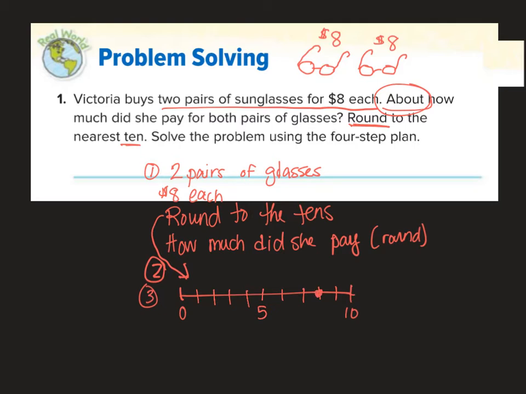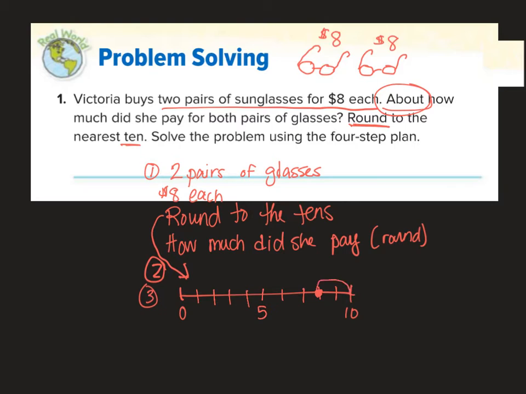I'm rounding to the nearest 10, so I would be counting by 10. So 8's either going to round down to 0, 0 tens, or 10, 1 ten. Right? So we can notice by looking here, it's going to round up to 10.